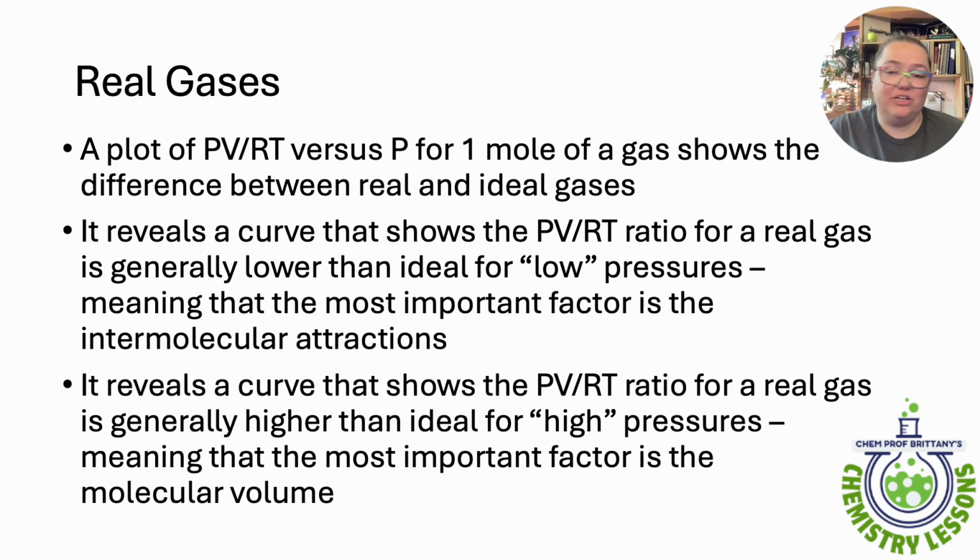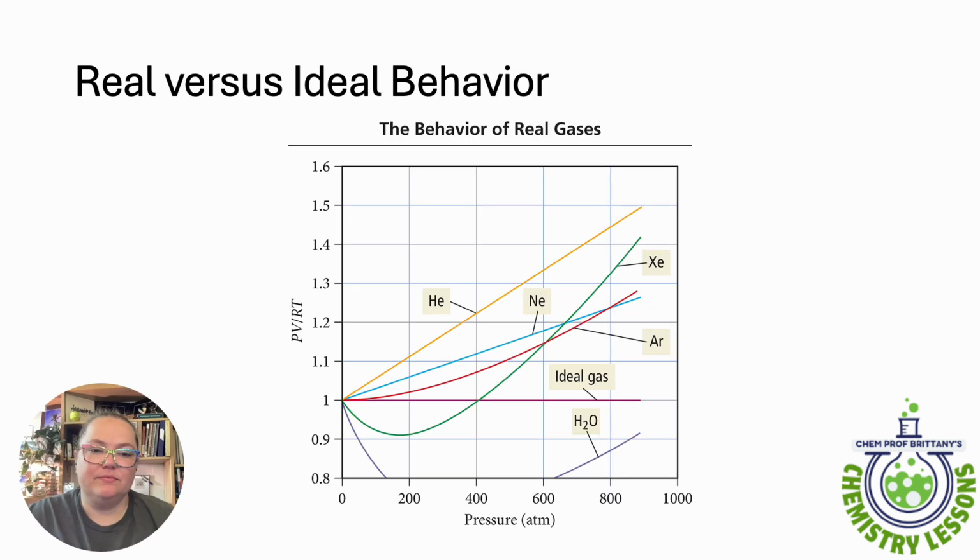So what we get is a graph that looks like this. As you can see here, we've got sort of a dip at low pressure, and then at high pressure, it skyrockets, which just shows us again, down here, the intermolecular attractions are the most important when we have low pressure, and then when we get up to high pressure, it's the volume of the molecules that makes the biggest difference.